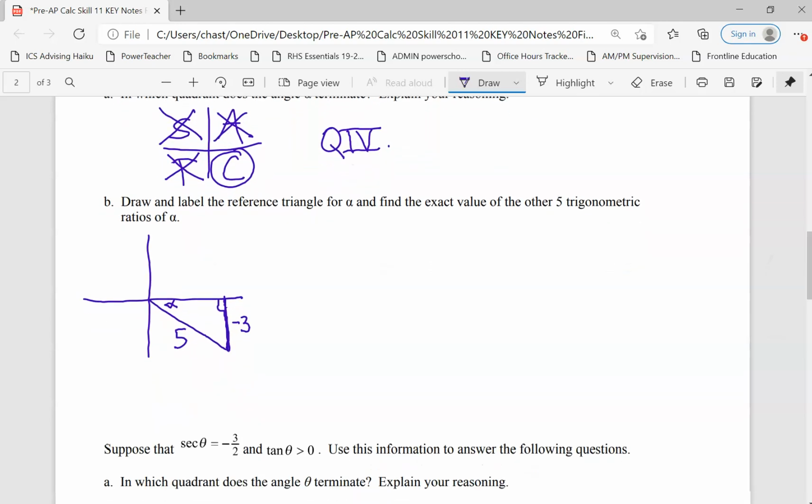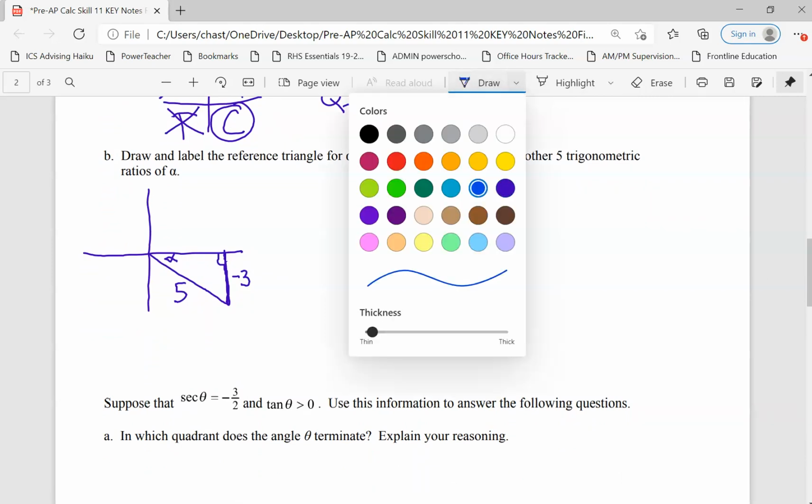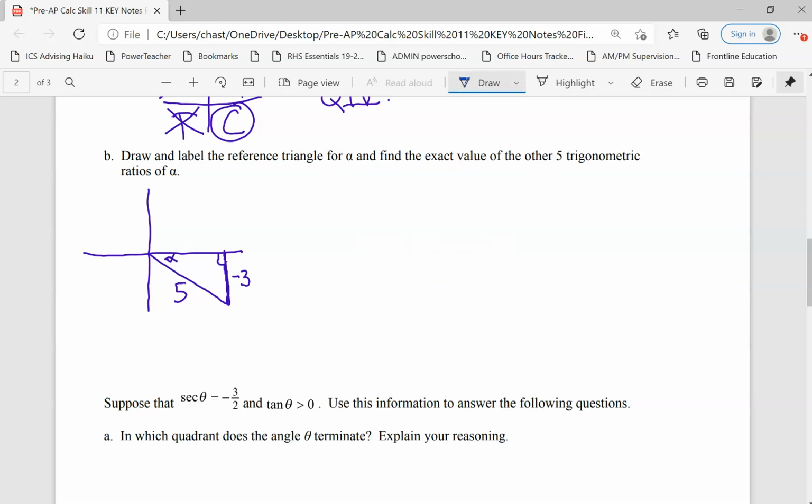So that's why. Okay, so Pythagorean theorem is going to tell us the missing side. So we're going to have negative 3 squared plus b squared equals 5 squared. B squared is 16. So b is 4.